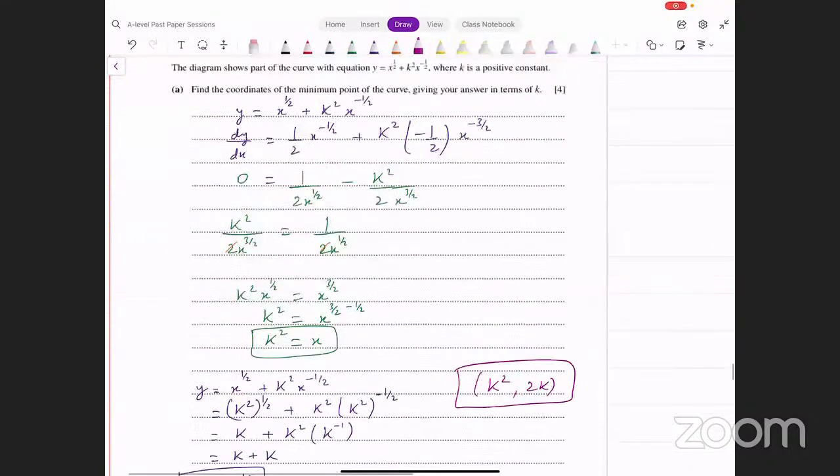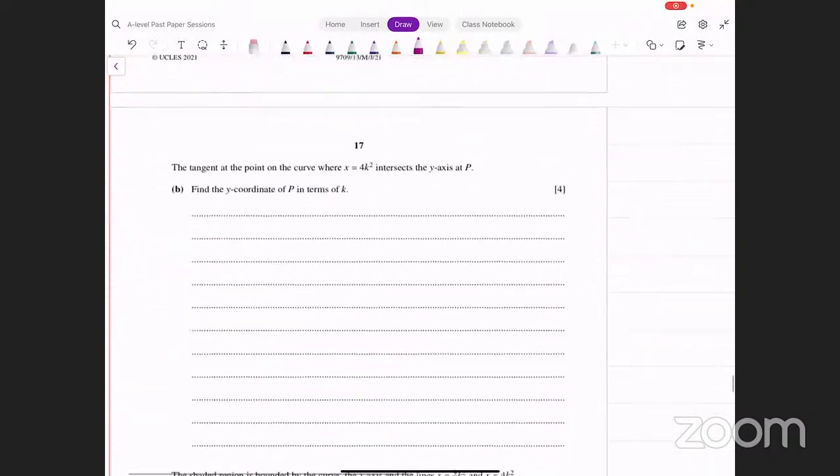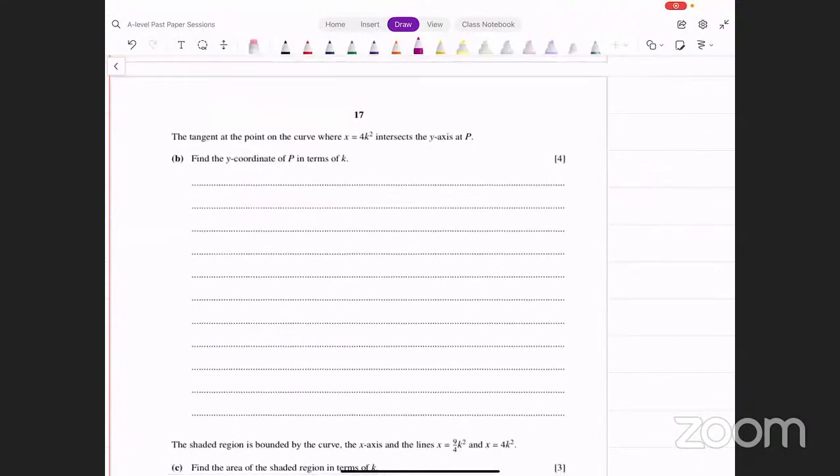How do you find the equation of a tangent? When we are given the equation of the curve, डेरिवेटिव निकालते हैं, उसमें ये x की वैल्यू इनपुट करेंगे, ग्रेडियंट आ जाएगा, और पॉइंट तो आपको पता है ऑलरेडी, उसने बताया हुआ x की वैल्यू 4k स्क्वायर है, तो उससे कोरेस्पॉन्डिंग y की वैल्यू भी निकाल सकते हैं.